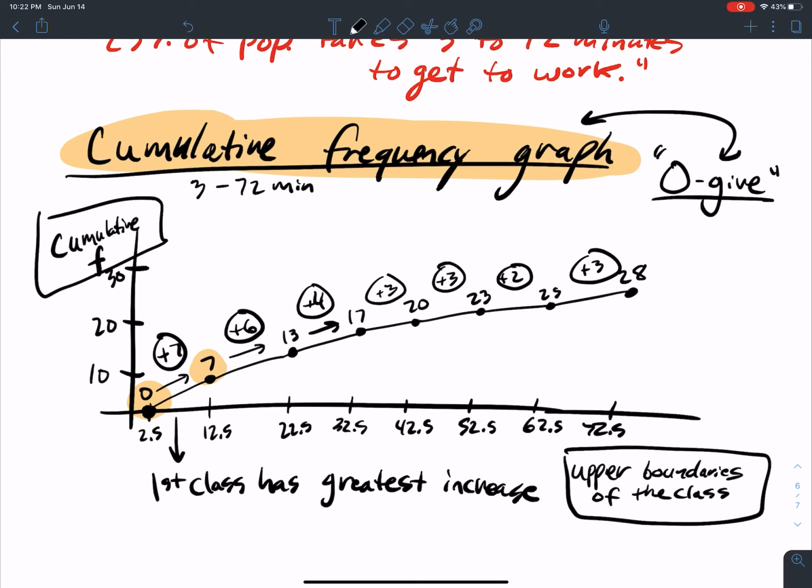So you start at the lower boundary of the first class, and then you work your way up. The point of all these graphs is so that we can summarize and put the data into a picture. That way we can extract the information quicker. All right.